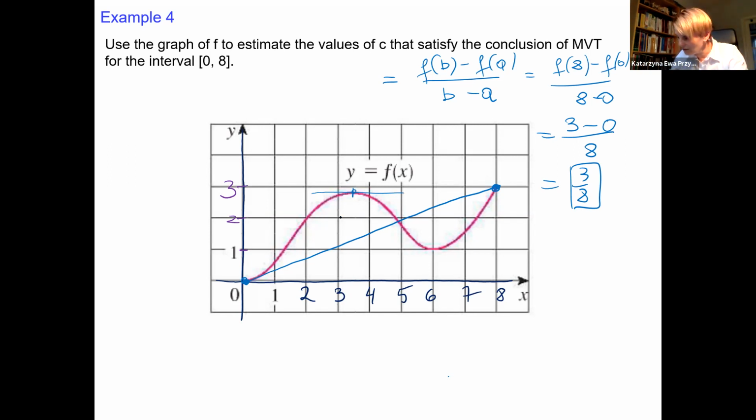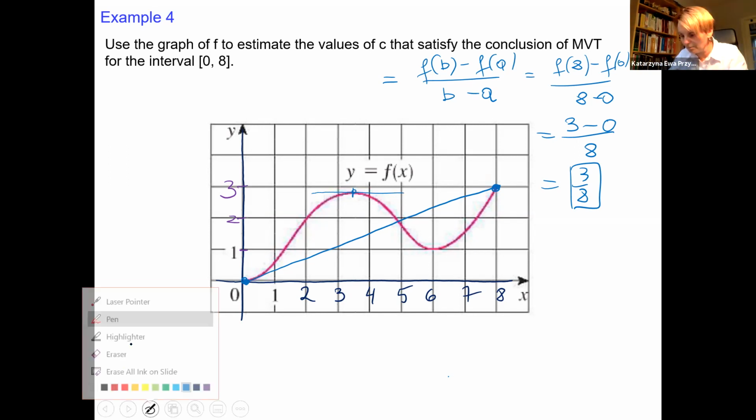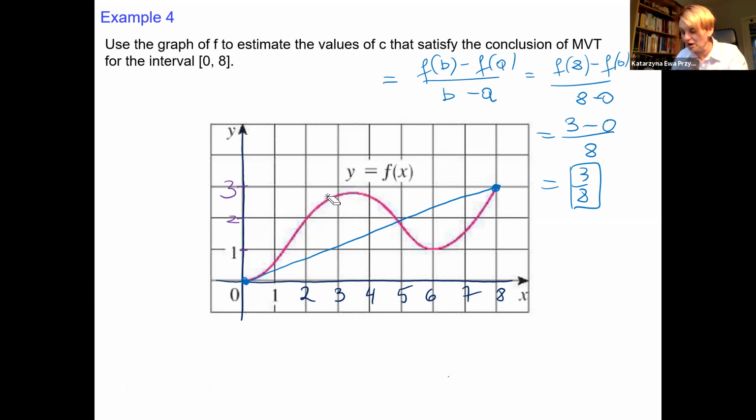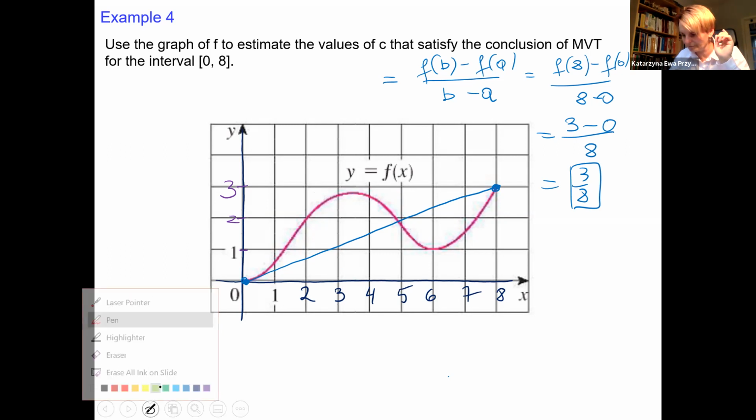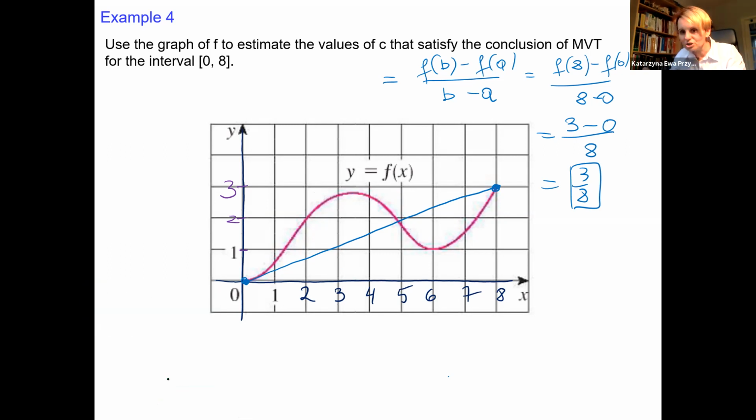But Michael said 3. Let me try probably a little bit before 3. Still good. I can use green. Let me just draw it.